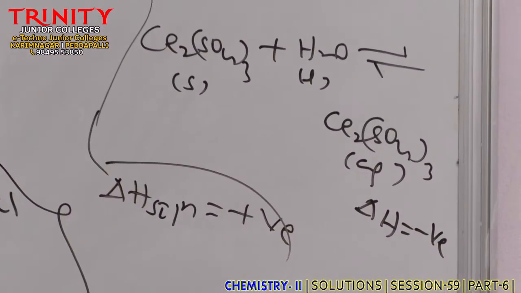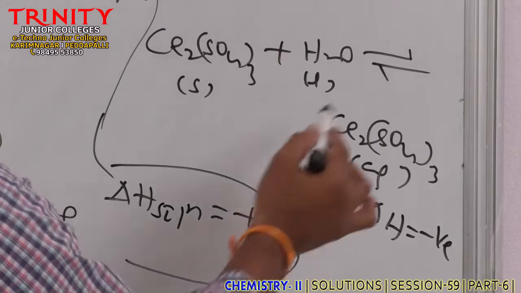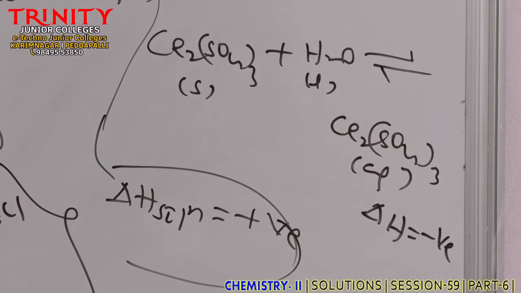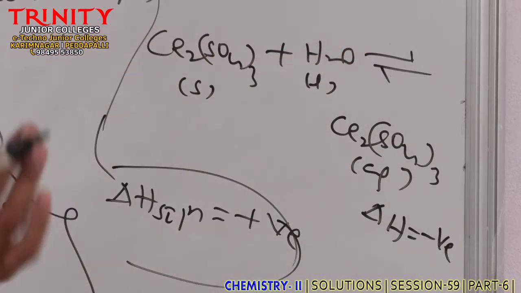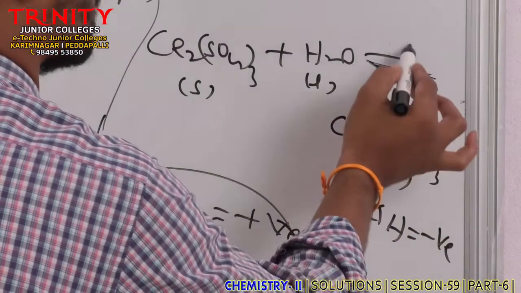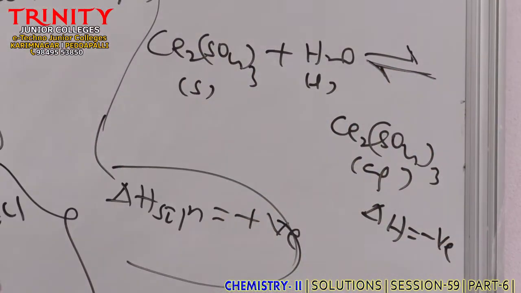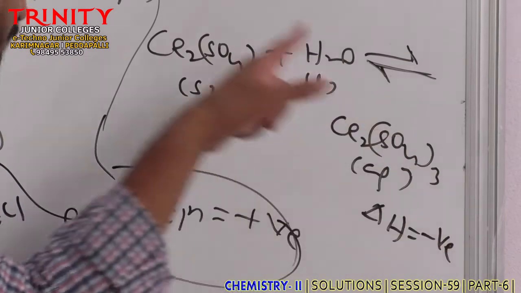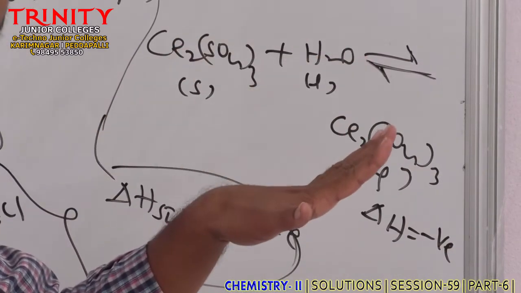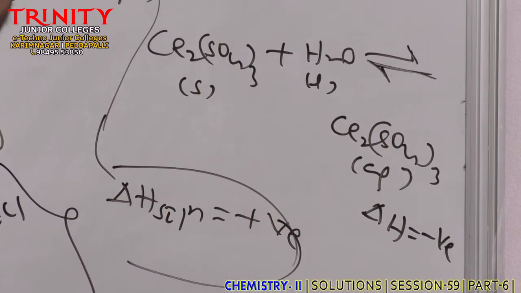So now as the temperature increases, this is also at equilibrium. As the temperature increases, what happens? This is an exothermic reaction. When temperature increases, the endothermic reaction is favored, meaning the backward reaction is favored. Backward reaction is favored means solution converts to solute, so the solubility of solute in that solution decreases. Right?